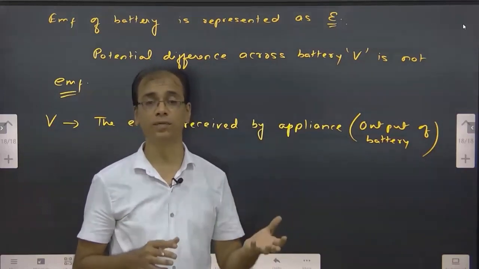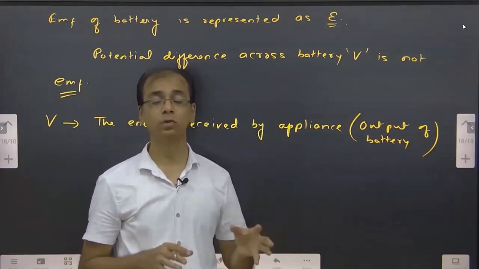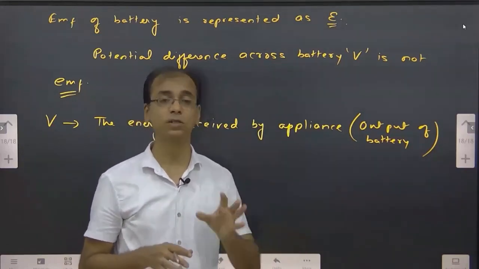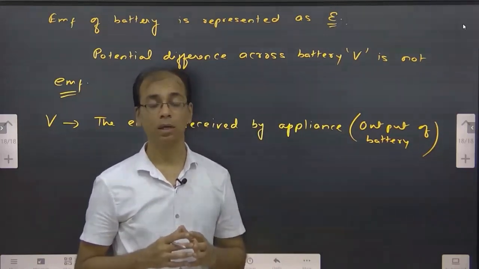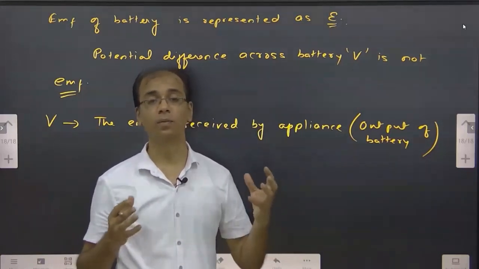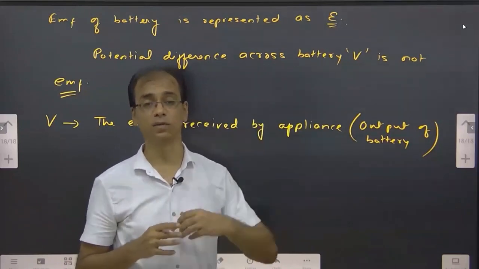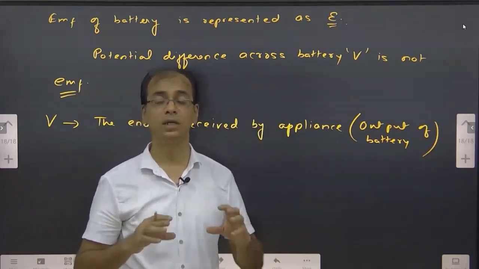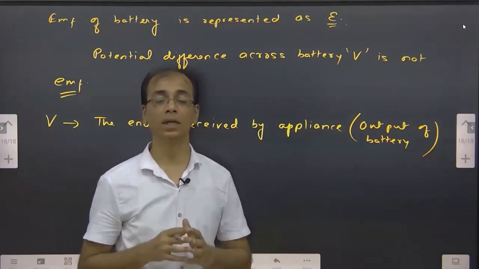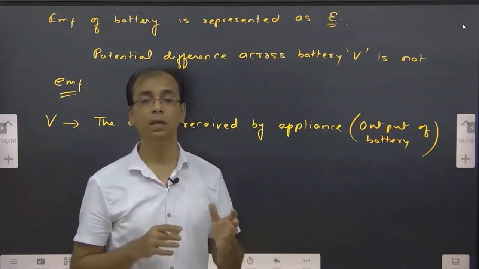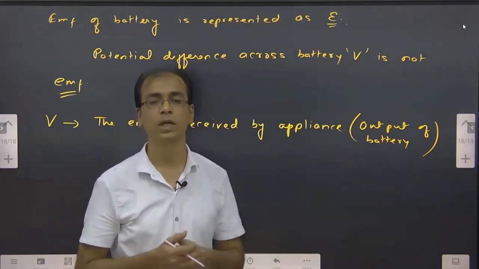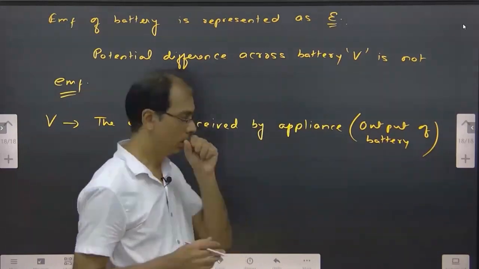So other than the electric field, the battery has to work in overcoming that resistance of electrolyte also. So we don't get the entire work done by the battery against the electric field. Some amount of that energy also gets consumed in the electrolyte. So that we call internal resistance.